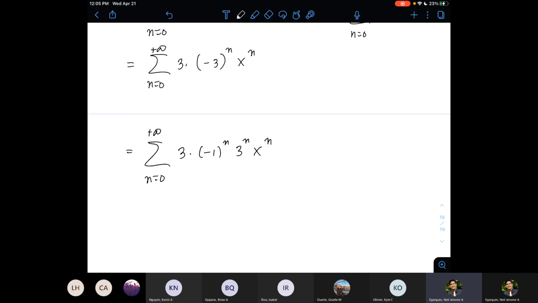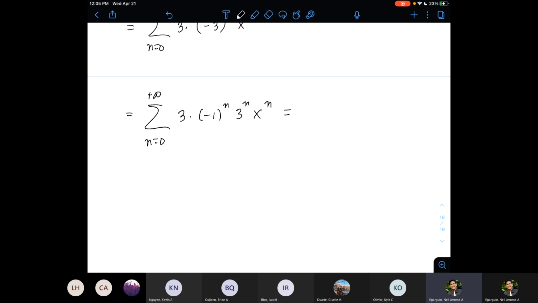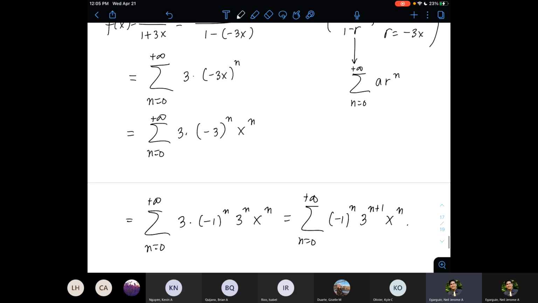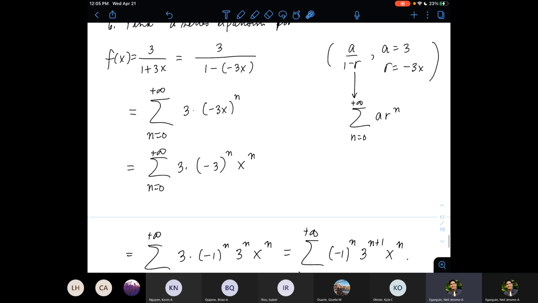All right, so that I'll have this form. I have negative 1 to the power n, that's the alternating part. And then 3 to the power n times 3 will give me 3 to the power n plus 1 times x to the n. So this would be your series expansion for f of x, 3 over 1 plus 3x.